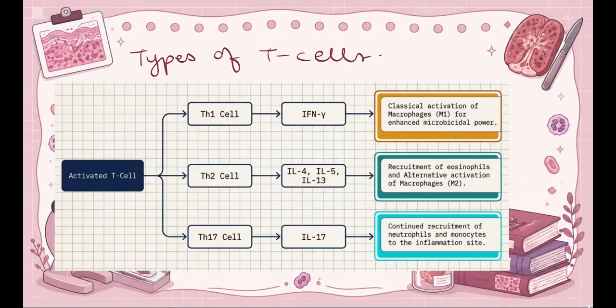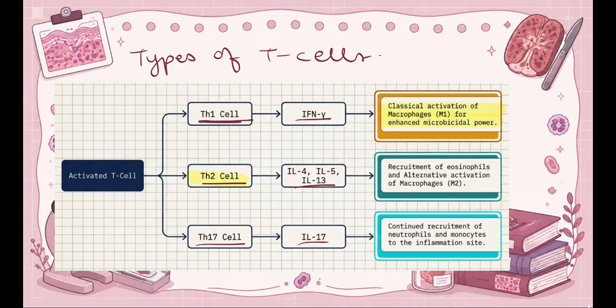When those activated T-cells produce cytokines, they don't all send the exact same message. The T-cells branch into 3 distinct subsets. Each subset routes specialized chemical signals to specific cellular targets. The first subset is the Th1 cell. It secretes a signal that triggers the classical M1 activation of macrophages. This gives them enhanced microbicidal power.